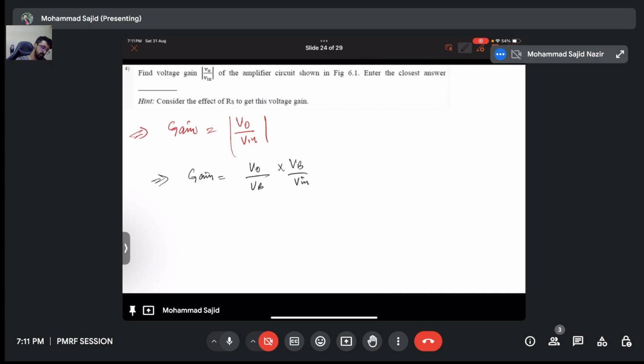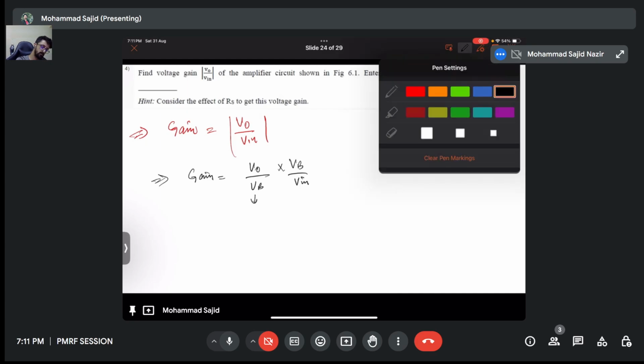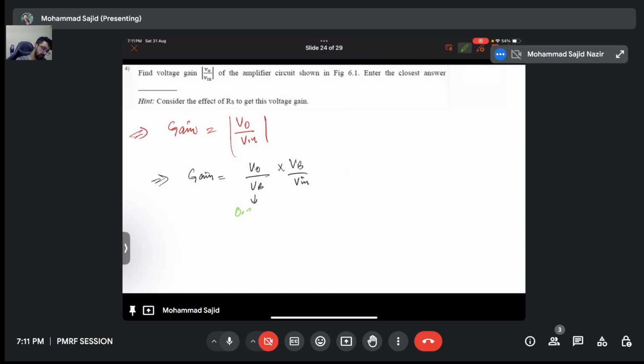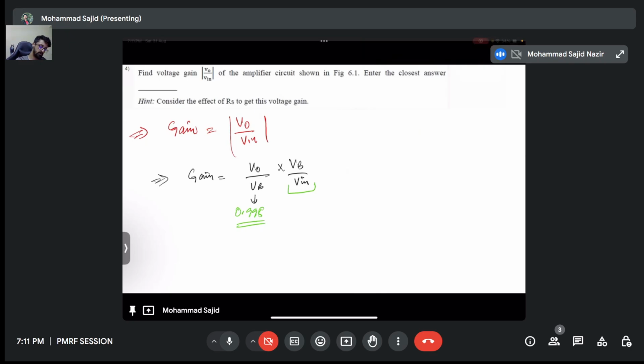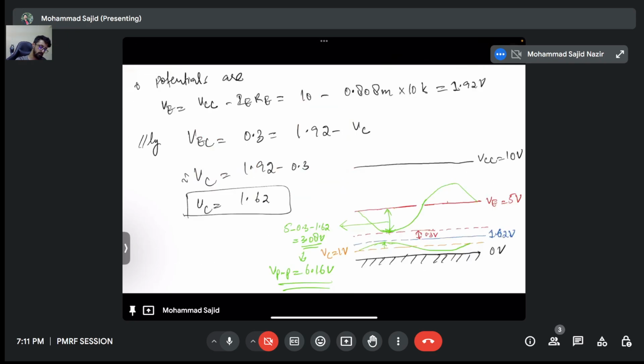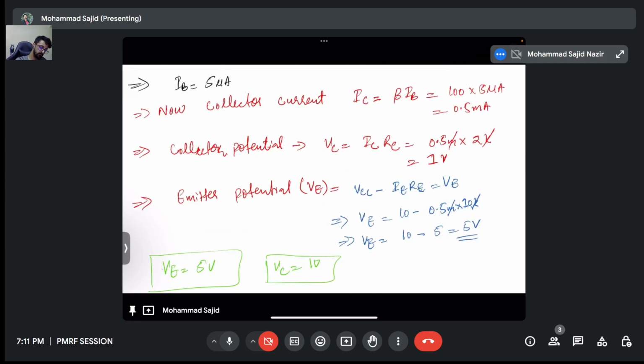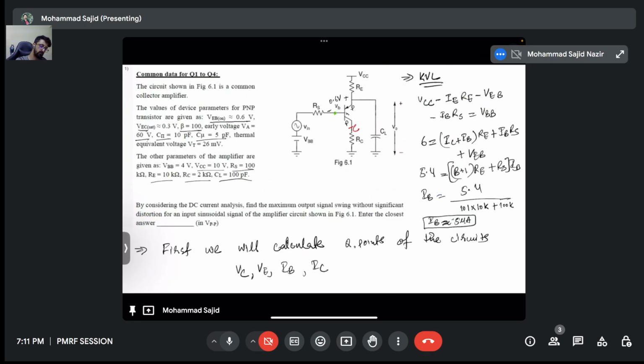And what about this? This is known, this is 0.995. And what about VB by V input? Let's go back to the circuit. This is V input. We need to compute VB.